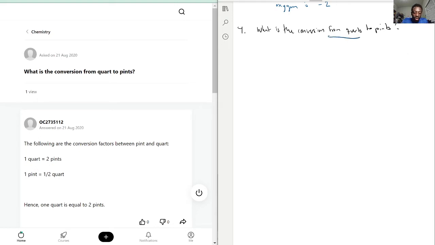We start with quarts, we end with pints. So we're going to have X quarts times a certain relationship is equal to a certain amount of pints as well. So we want quarts to be in the denominator and pints to be in the numerator, because that way the units cancel out to leave us with pints.